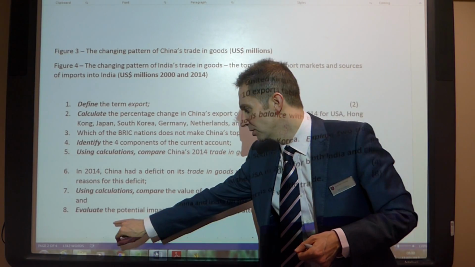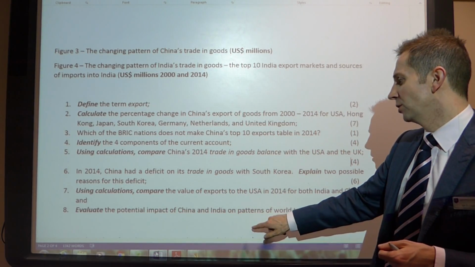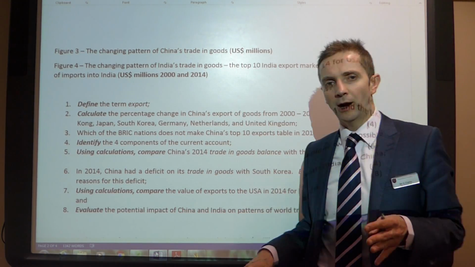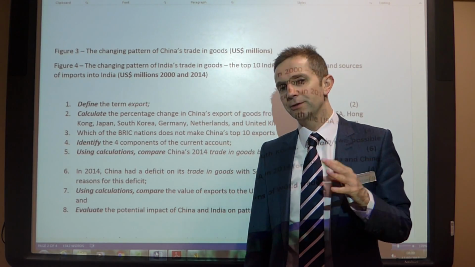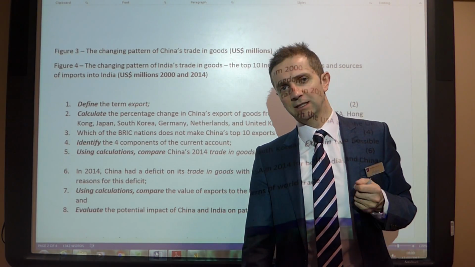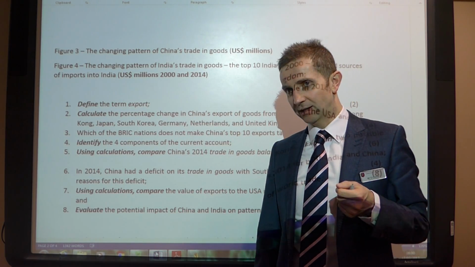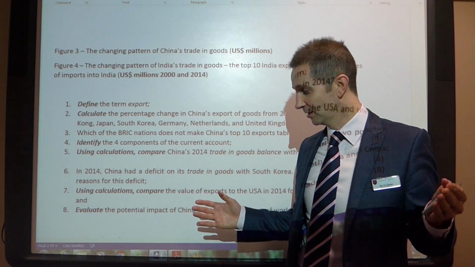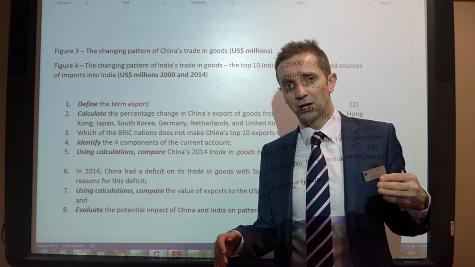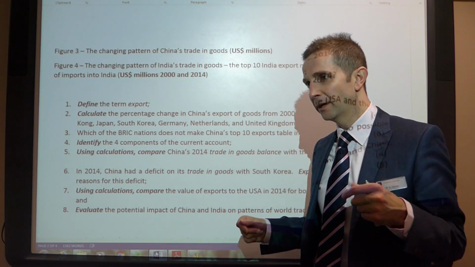And then this last question: evaluate the potential impact of China and India on patterns of world trade. Now, there is a whole chapter in the OCR textbook on this, and I think the actual chapter title is something like China and India Impact on World Trade.